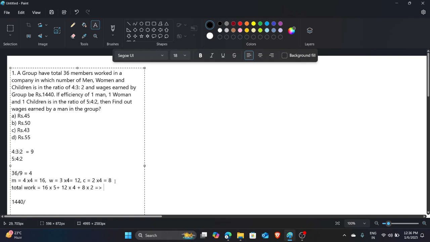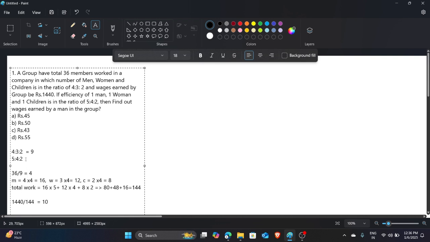So that is 80 plus 48 plus 16, which comes to 144. Dividing 1440 by 144, we get 10.